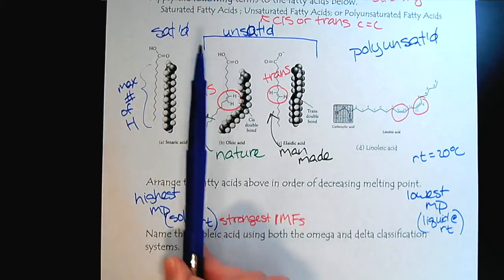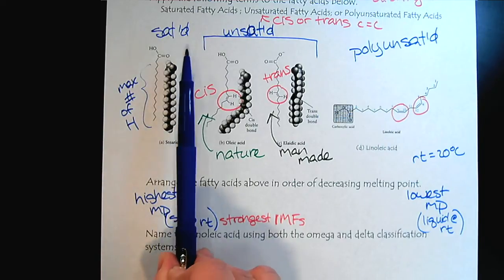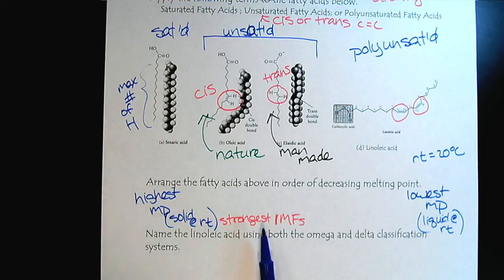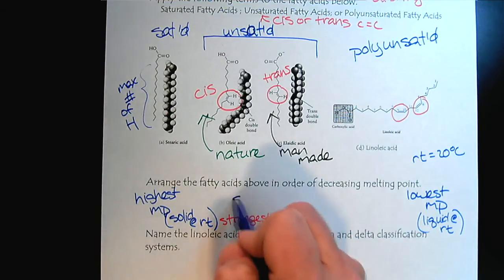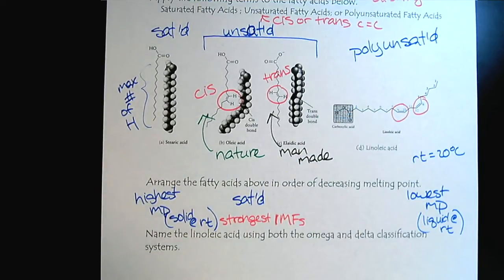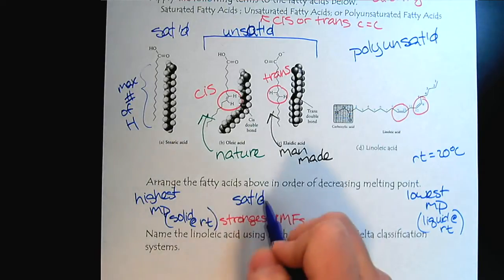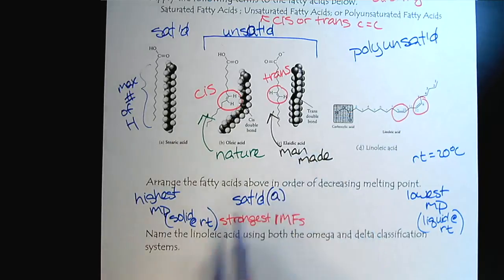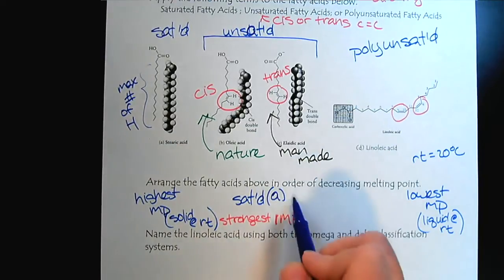So we would be able to stack one fatty acid next to the other, and we would have a huge overlap of surface area for interactions. So the saturated fat, or the saturated fatty acid, would have the highest melting point. And that would be, we could also just use the letters. So that would be A. So that is going to melt higher.